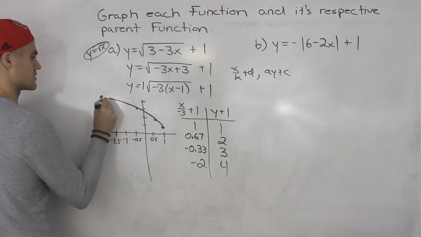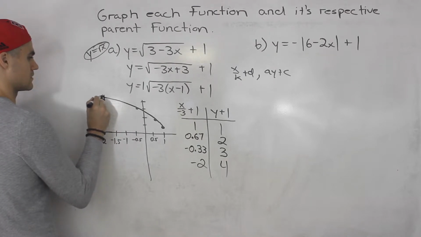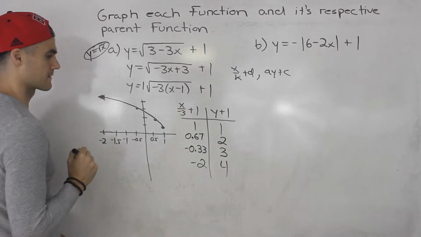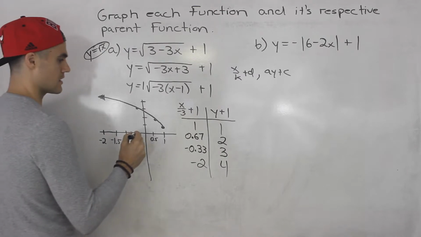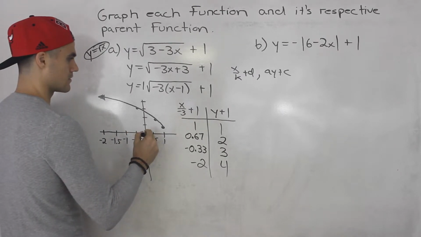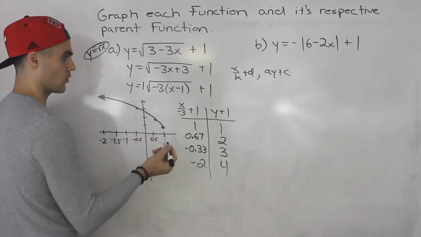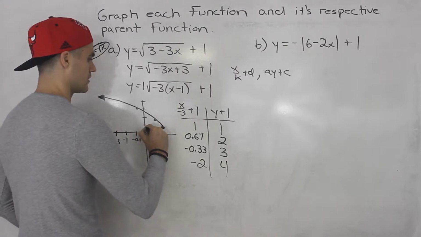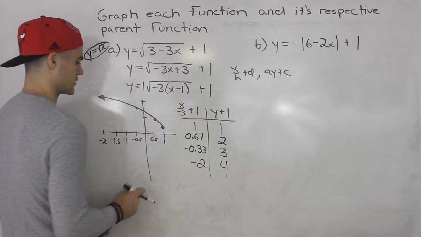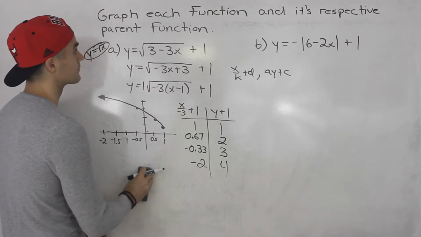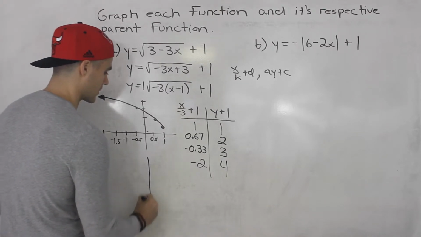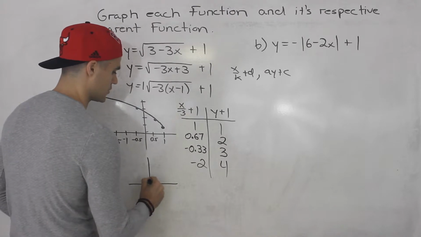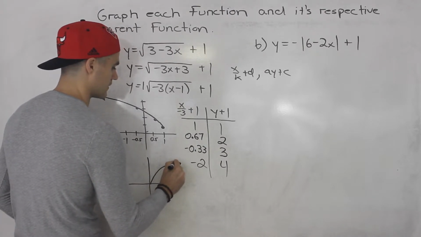So this looks like that, right? And then the parent function would look, actually, you know what? Let's just draw it on a separate grid. Basically, the transformed function, you know how it looks. It looks like that.